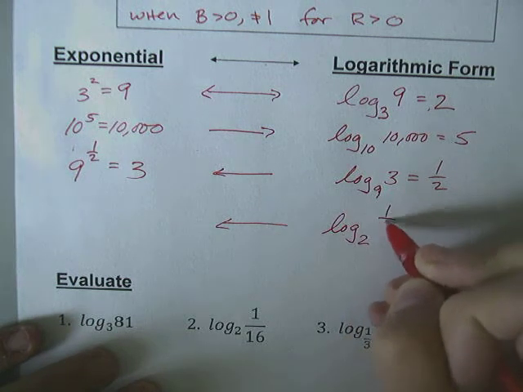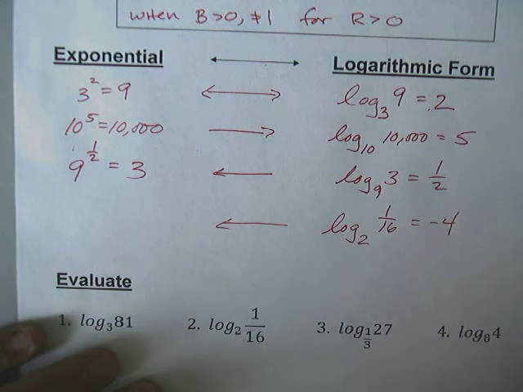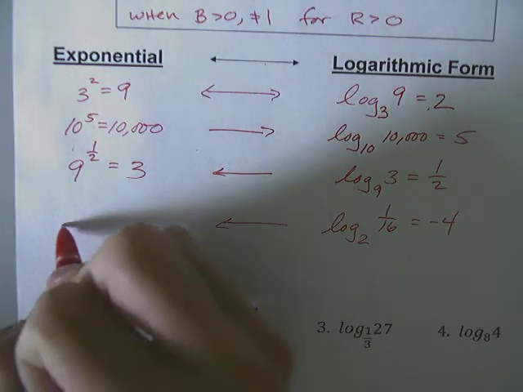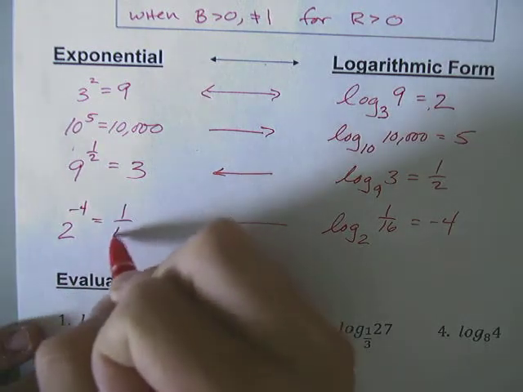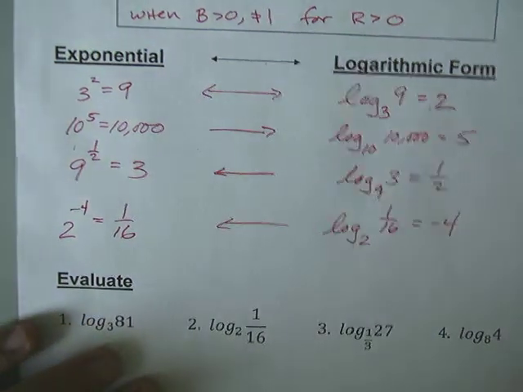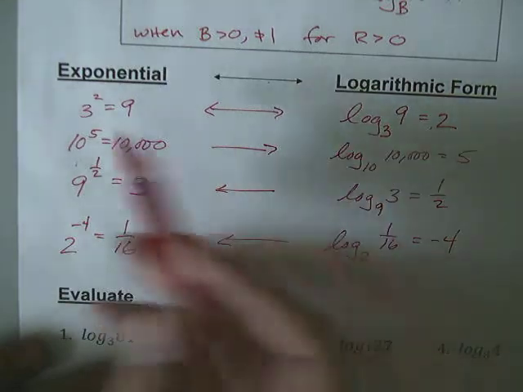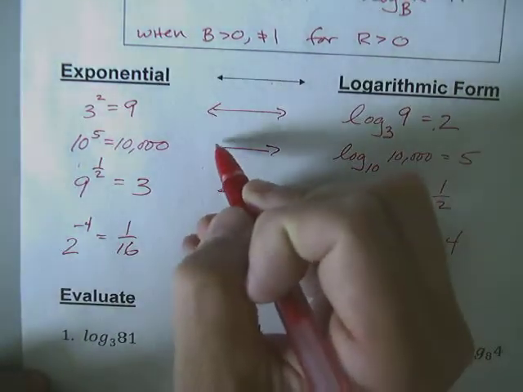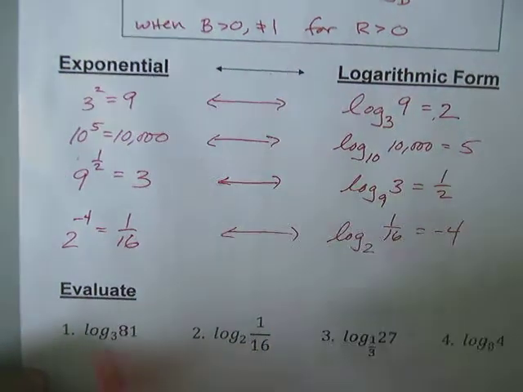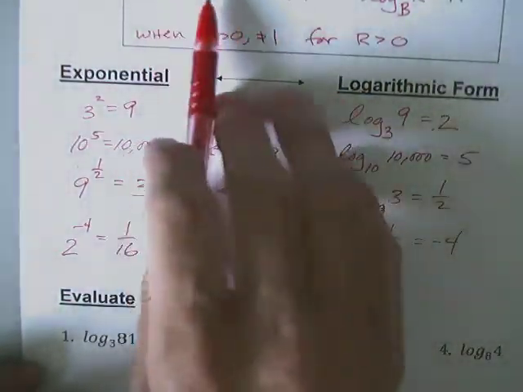So let's try one more here. Let's say log base 2 of 1/16 equals -4. Okay, so you would raise the 2 up, switch these two around, and there we go. So remember, these are equivalent to each other.